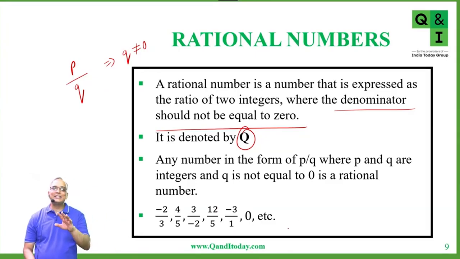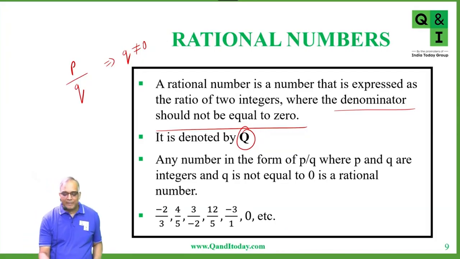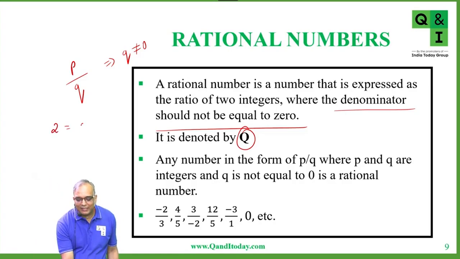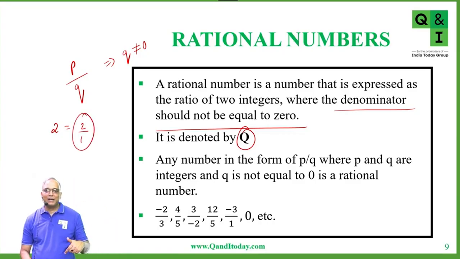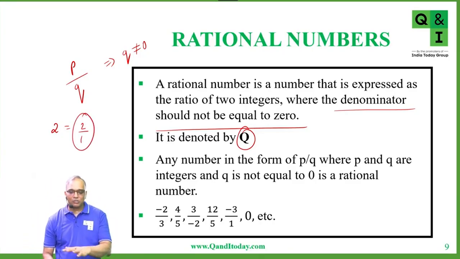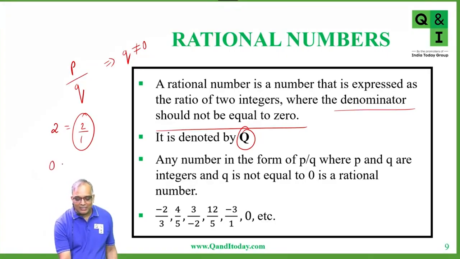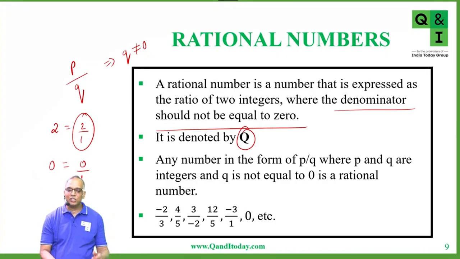All integers and whole numbers and natural numbers are also rational numbers. Why? Because 2 can be written as 2 by 1. So these are ratios of integers. So 2 by 1 comes in the form of p by q. So that's why 2 is also a rational number. Similarly, 0 can be written as 0 divided by anything is 0, right? So 0 by 1.